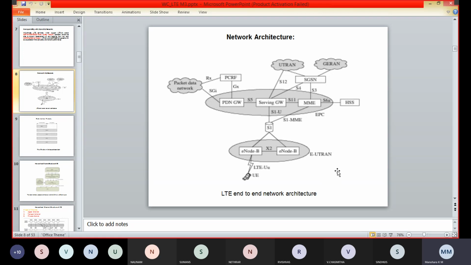The first one, as you can see, is the user terminal, the user equipment. The user equipment is a mobile terminal.